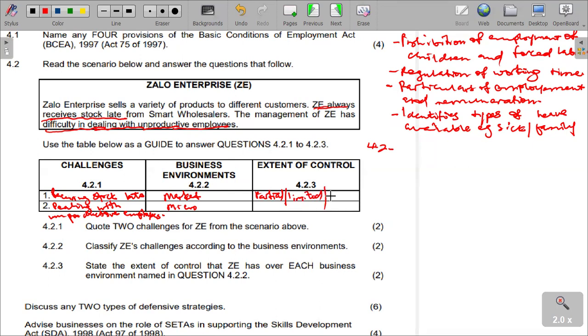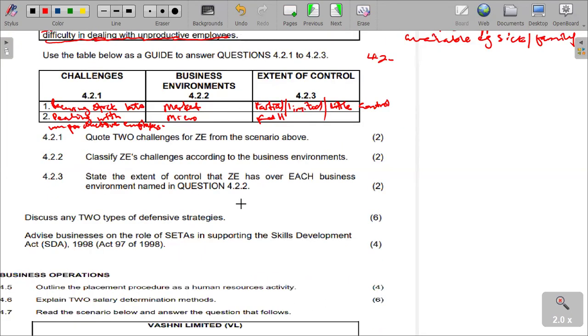In terms of the micro environment, which is within the organization, businesses have full control. They can deal with their employees decisively, as it is internal.